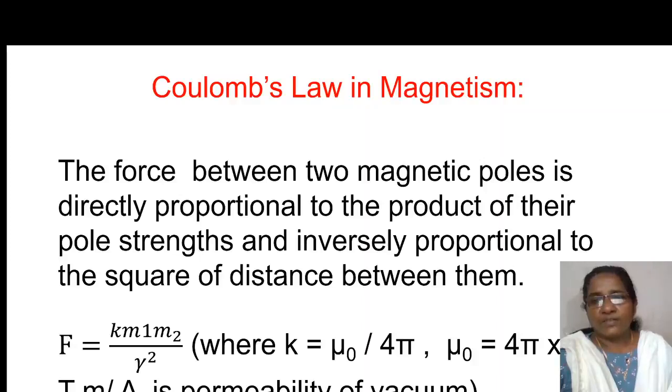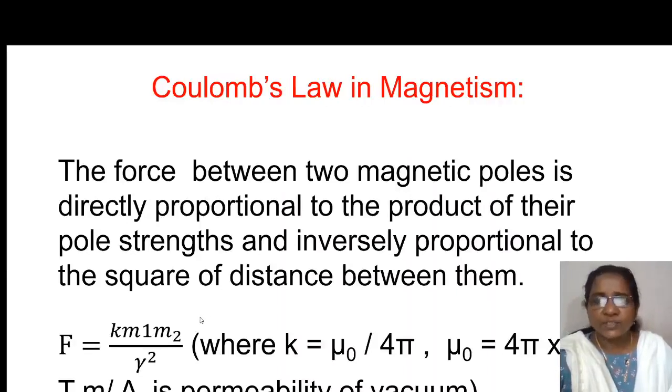Now, the force of attraction or repulsion between two magnetic poles is directly proportional to the product of their pole strengths. If pole strengths are denoted as m1 and m2, you can write it as F proportional to m1 into m2. And this force is inversely proportional to the square of the distance between them. That is F proportional to 1 by r square.